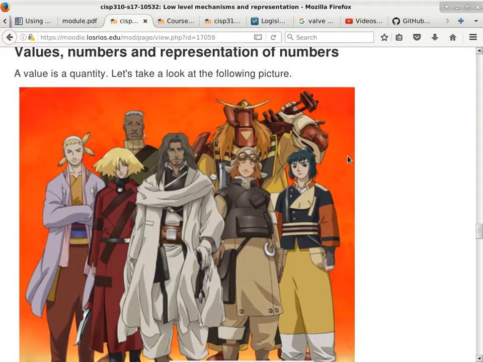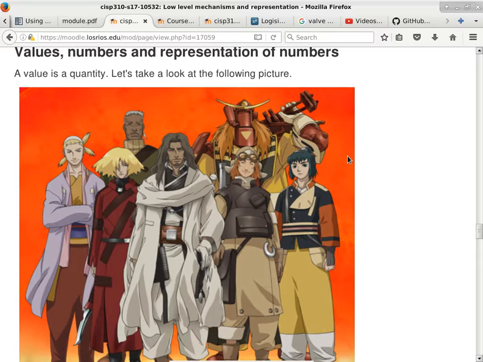And I have a picture of the Seven Samurai, which is an anime movie, I guess it's an OVA, to basically show you the difference between values and numbers. Can someone count or double check the number of people, characters in this picture?